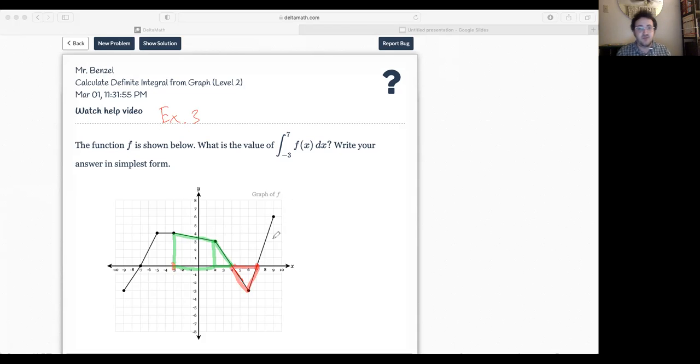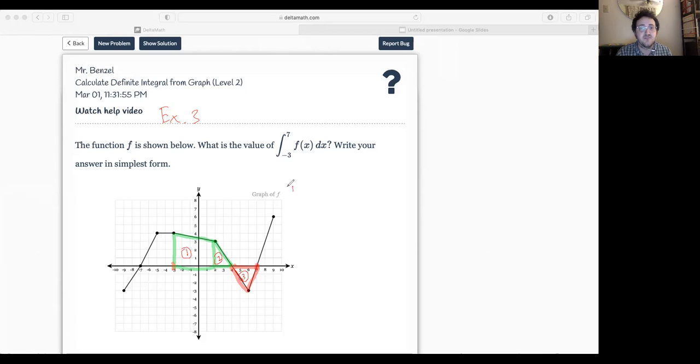And if we want to kind of get in the habit of using integral notation, we can, or you could kind of, for the purpose of this exercise, just do the numbers. So let's see, I'm going to call this 1, I'll call this 2, and then I'll call this part 3.